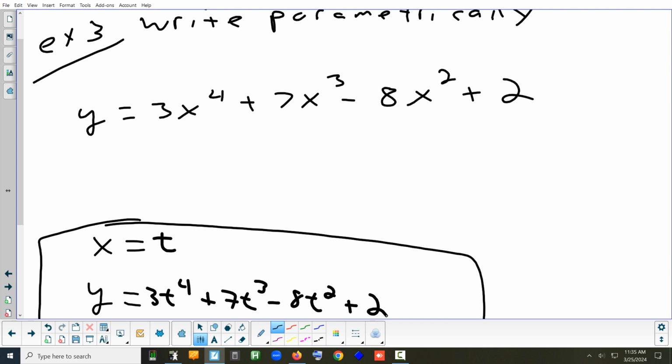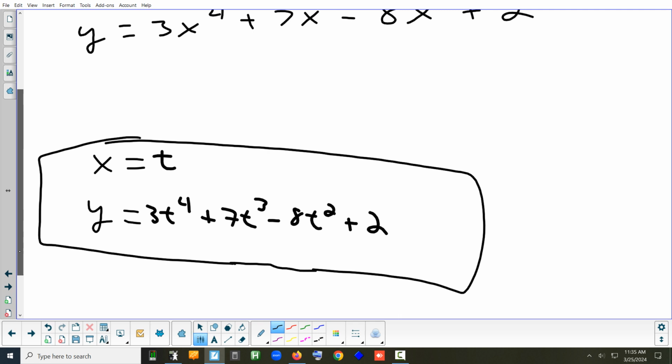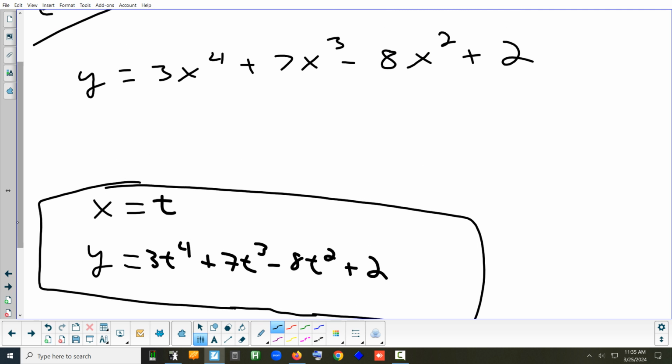Yep. And technically, that is a parametric system of equations. It doesn't really make a lot of sense to do that in that particular problem, but you can. Okay. Any question on that one?